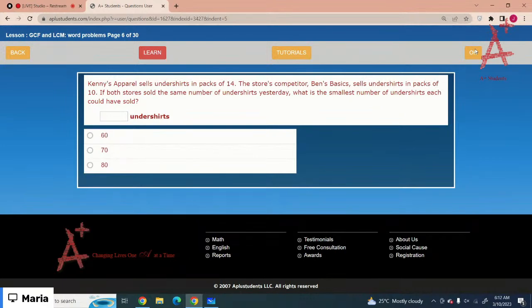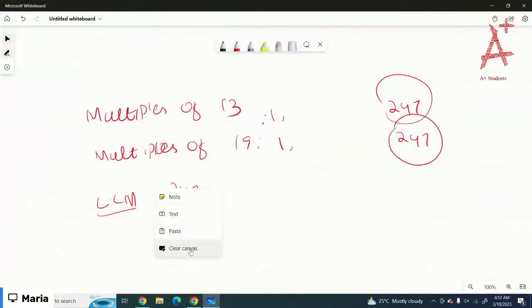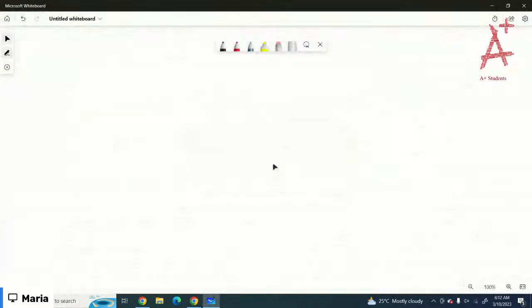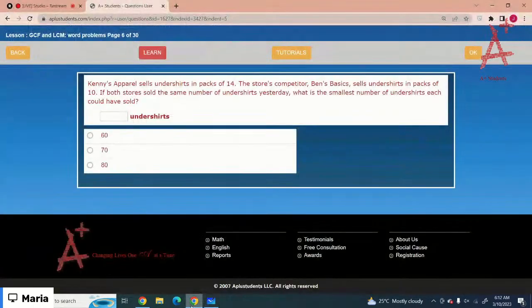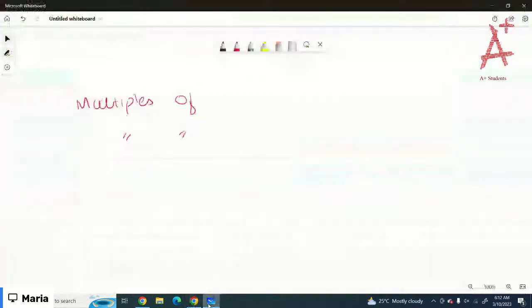So you have to calculate the least common multiple. You have to calculate the multiples of both numbers. The numbers are 14 and 10.